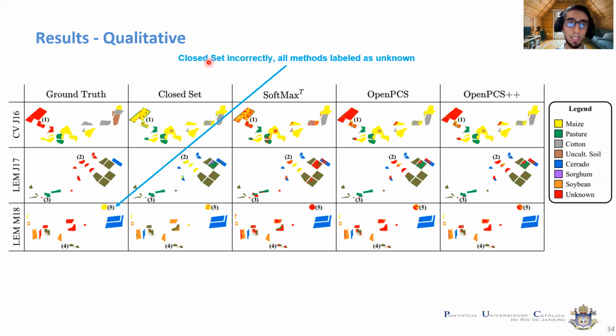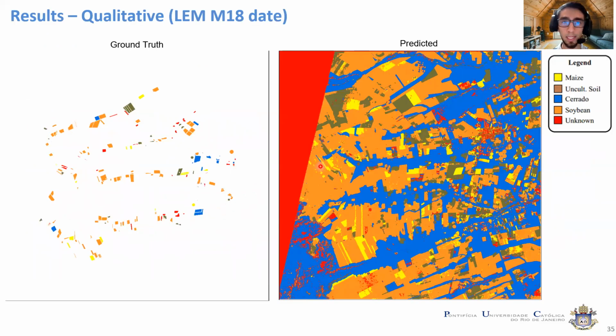Also, there is something interesting: in this case, a closed set prediction classified this area as an incorrectly different class, and the open set methods fixed this by saying this area is unknown, which is better than making a wrong prediction. And this is a qualitative result of the entire image.